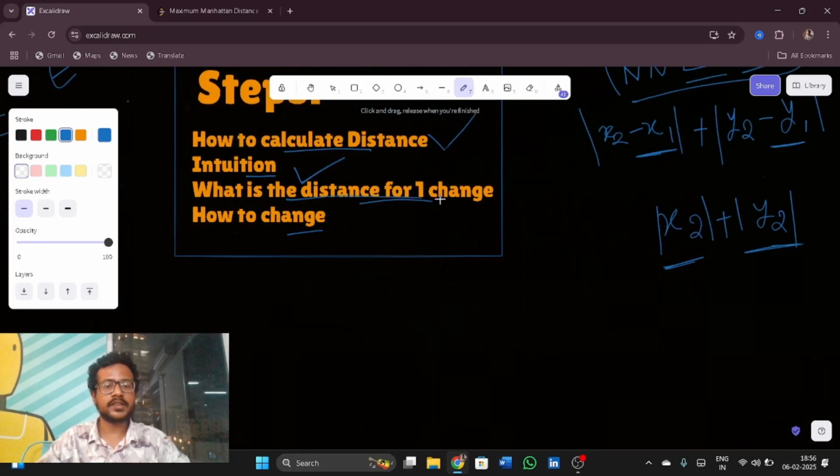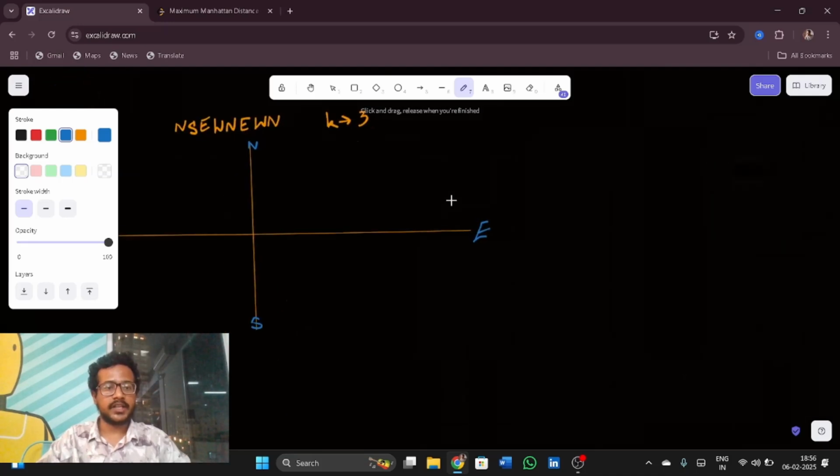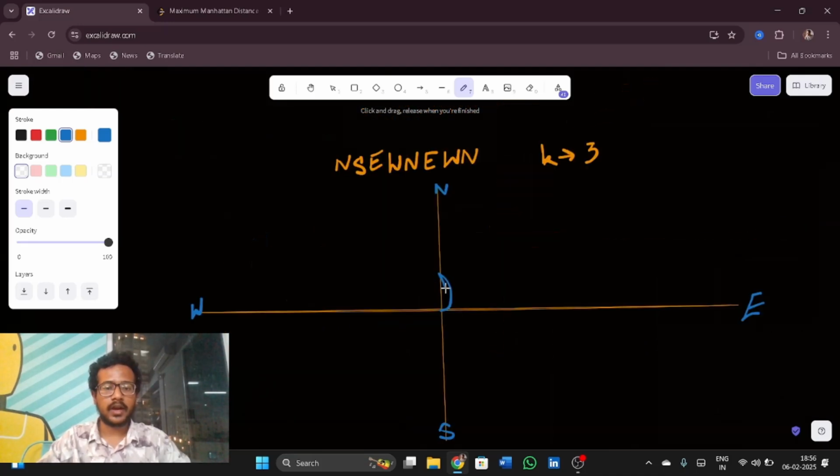Next, what is the distance for one change? Here I go north, and till here my distance from the origin is 1. Now I go south. My current distance is 0, because the number of times I got north is only 1 and the number of times I got south is only 1, so it is 0.